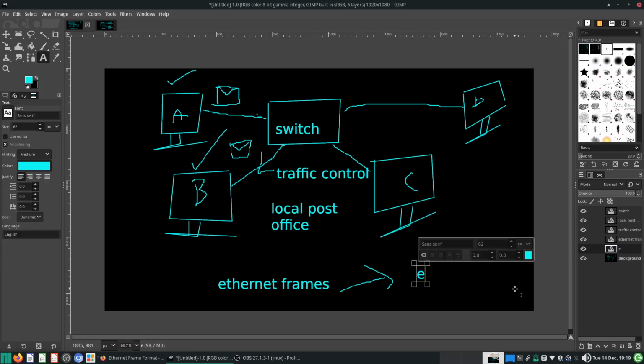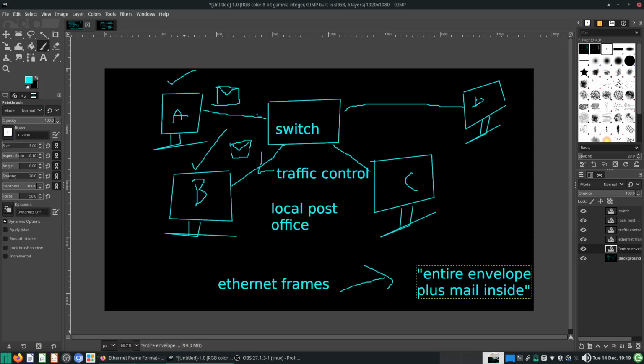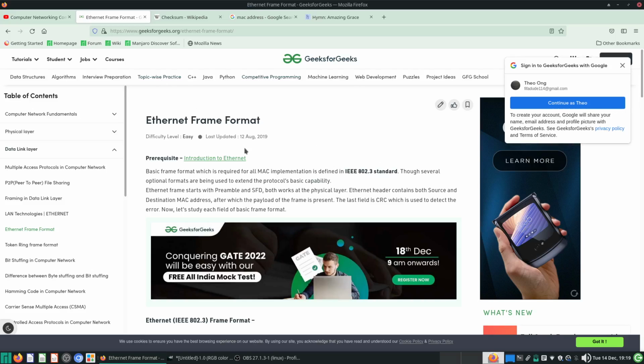This is the entire envelope plus the mail inside. This is called an Ethernet frame, and it has a standardized format called the IEEE 802.3 standard.